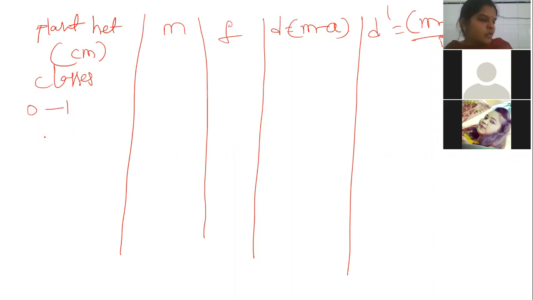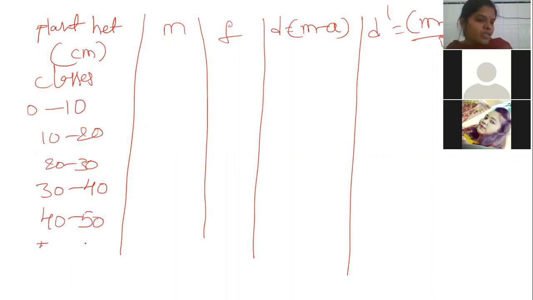0 to 10, 10 to 20, 20 to 30, 30 to 40, 40 to 50, and 50 to 60. So what are the midpoints you got in the last problem? You just write it down. 5, 15, 25, 35, 45, and 55.